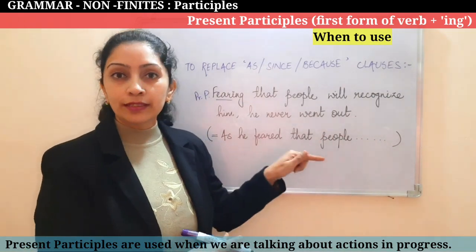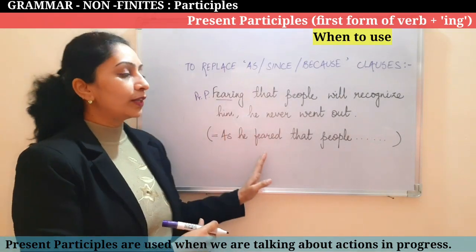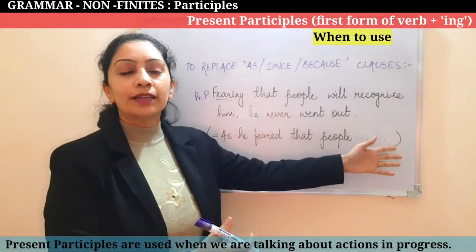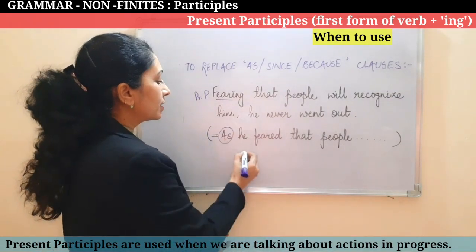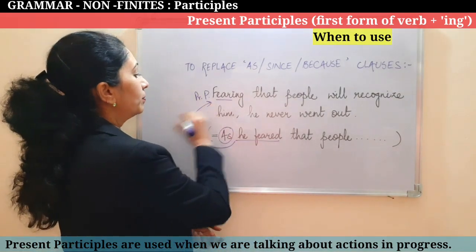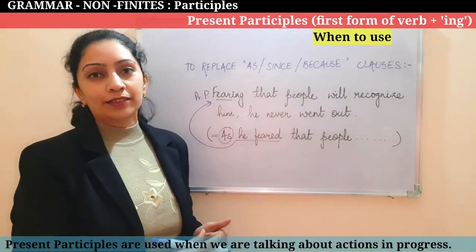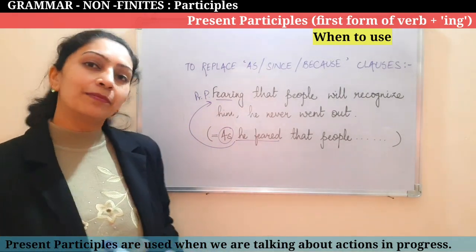Or I can even say, since he feared that people will recognize him, he never went out. Now this as or since has been replaced by the present participle fearing here. So in this way also present participle can be used.